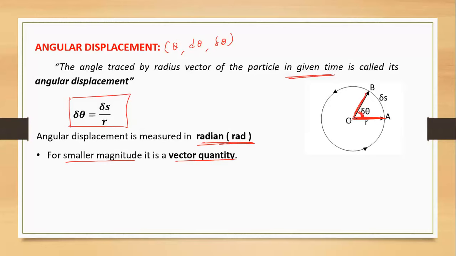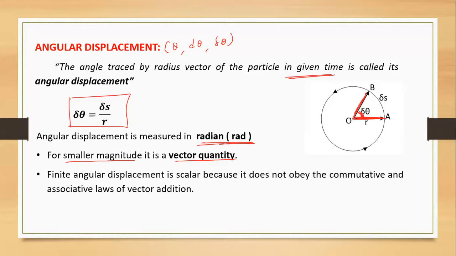And when it is finite, then it is a scalar, because when it is finite, it does not obey the commutative and associative laws of vector addition. In simple terms, finite angular displacement does not obey laws of vector, so it is a scalar.